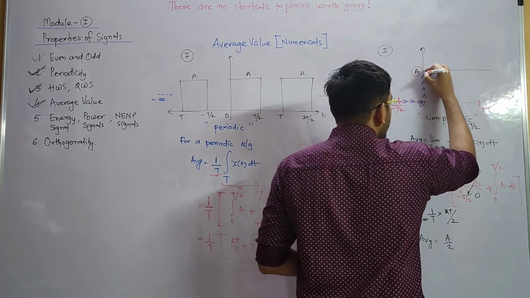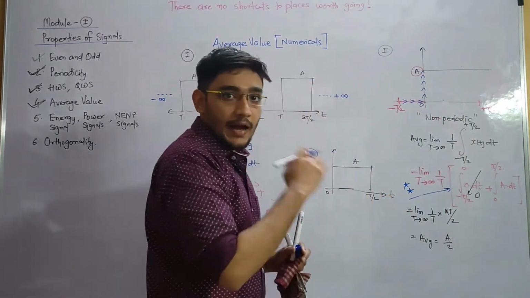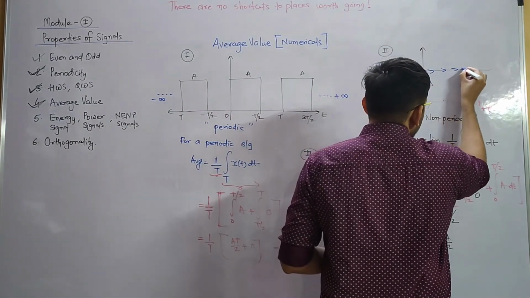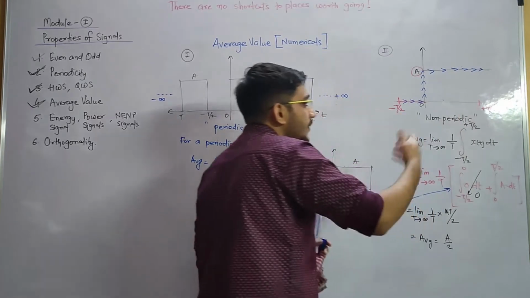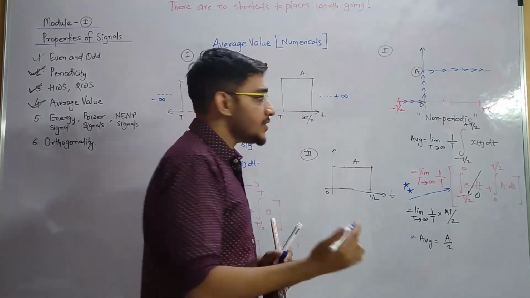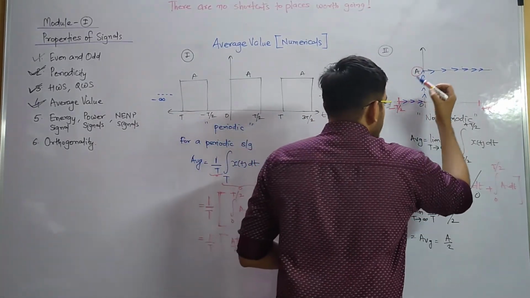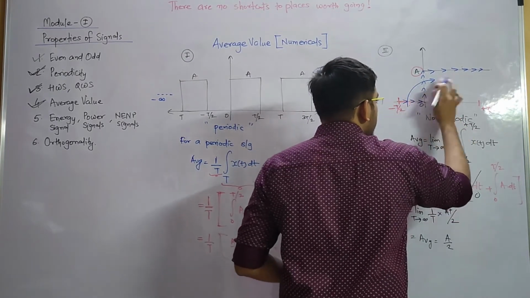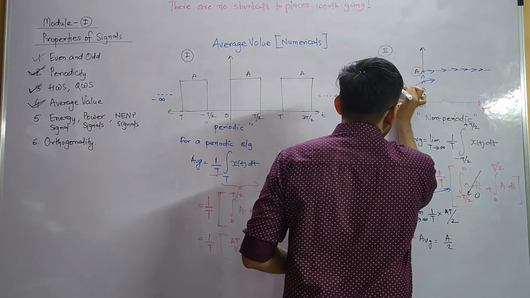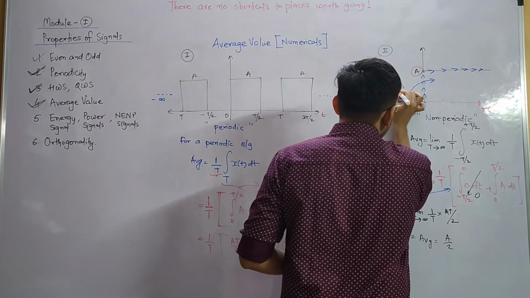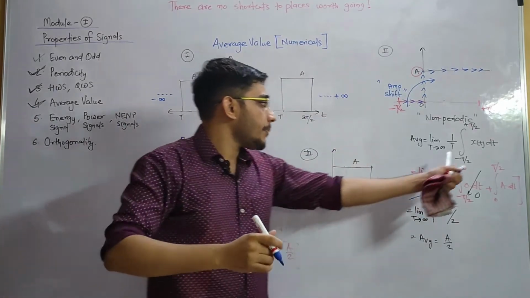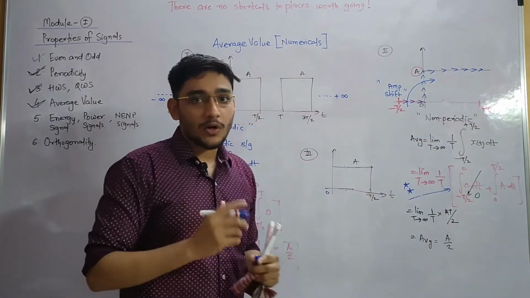The amplitude goes like this, and for t greater than 0, the amplitude is again constant. So what is the amplitude change here? The amplitude goes from 0 to a. This thing is called amplitude shift. We have to cover all the amplitude shifts in minus t by 2 to plus t by 2. That's what I've done here.